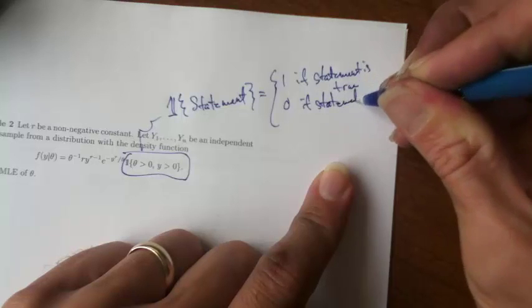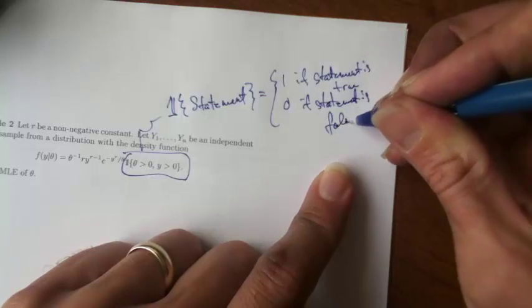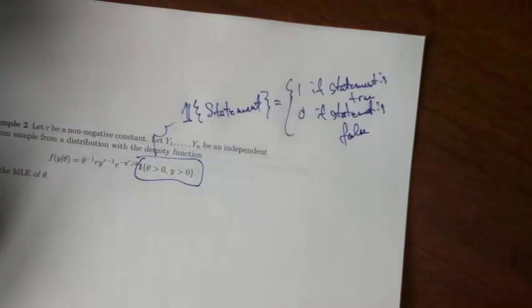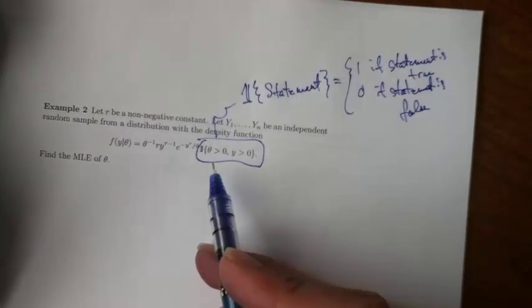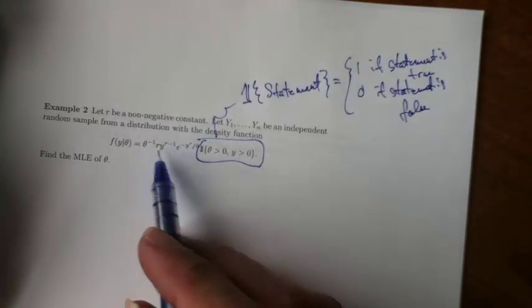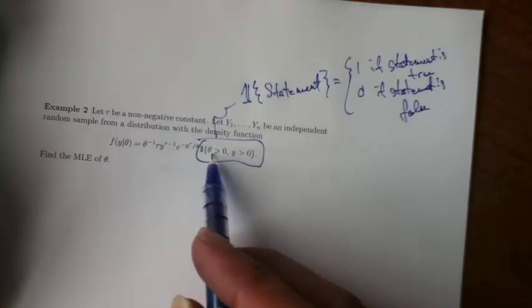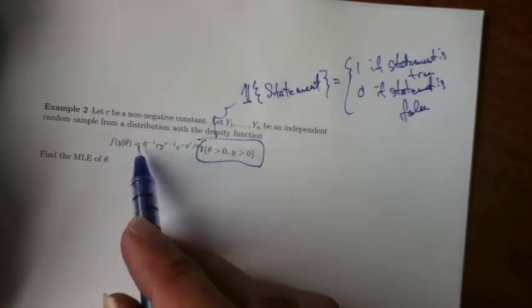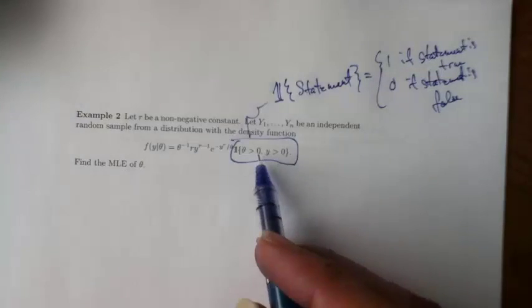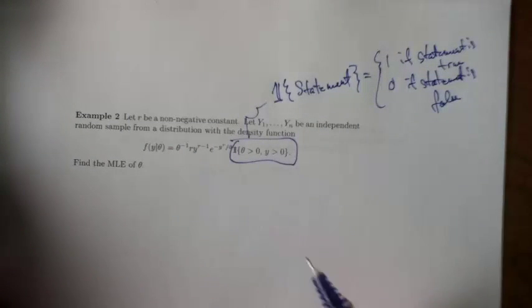Okay? This is called an indicator function. It's a 1 or a 0. It's a nice, convenient way of telling you that if everything in here is true, then this density function looks like this. If any of this stuff is not true, then the density function is 0.